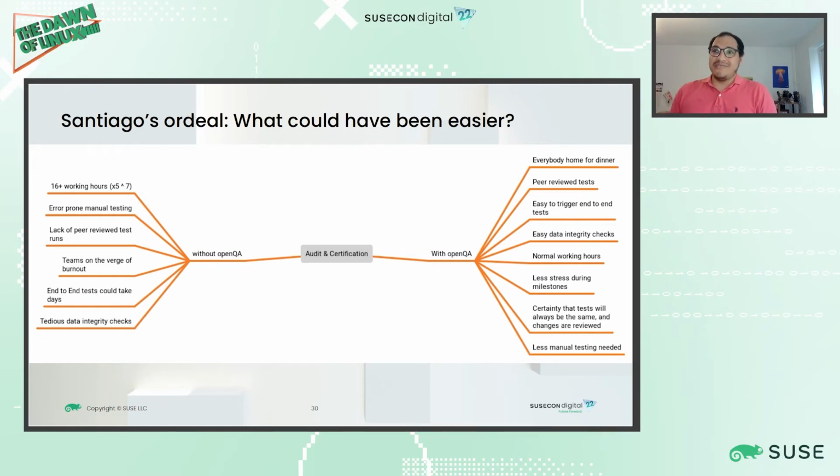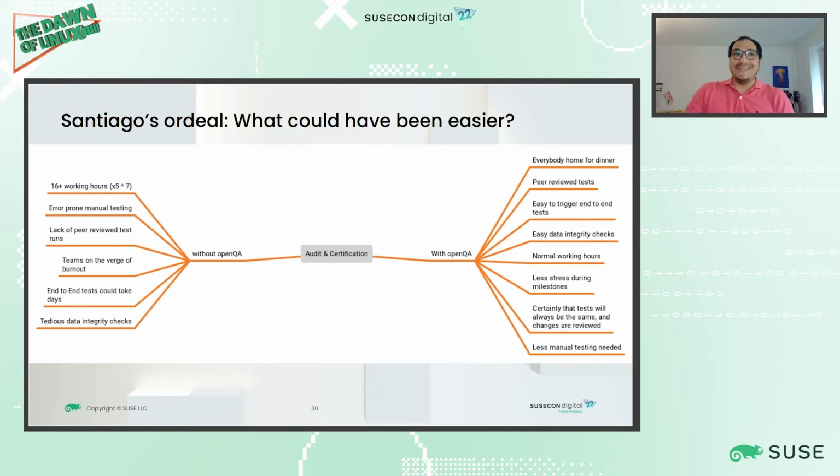We could have peer-reviewed tests, so nothing is being committed if it's not being reviewed. We will have less stress doing milestones, and we will need way less manual testing.